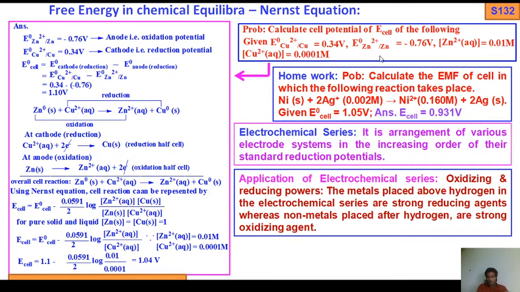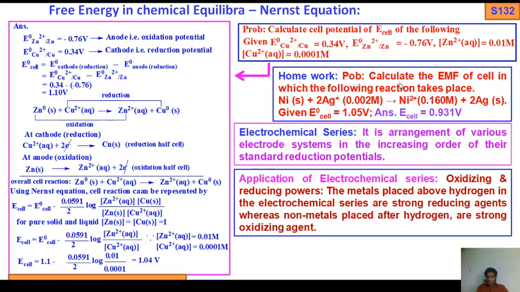So now, homework, another problem. Calculate the EMF of the cell in which the following reaction takes place: nickel, silver, with concentrations given, nickel 2 plus also with concentration given, and silver solid. Here E naught cell is given as 1.05, just the reverse of these reactions.